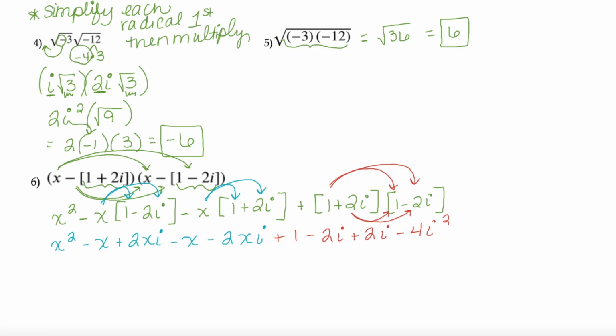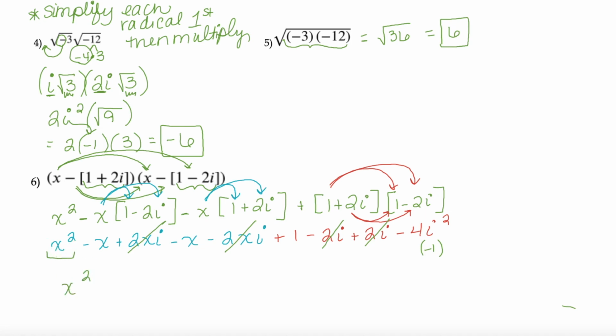There are some interesting pieces that happen now. I have a pair of zeros, so positive 2xi minus 2xi, as well as negative 2i, positive 2i. I also have this i squared, which I can replace with negative 1. Therefore, what do we have left over? I have 1x squared.